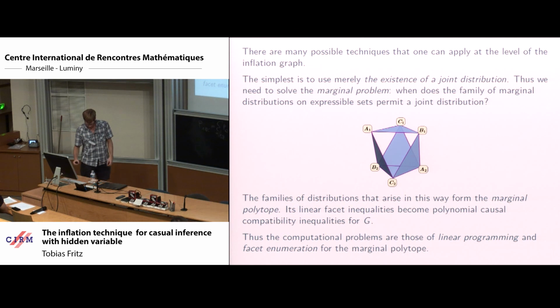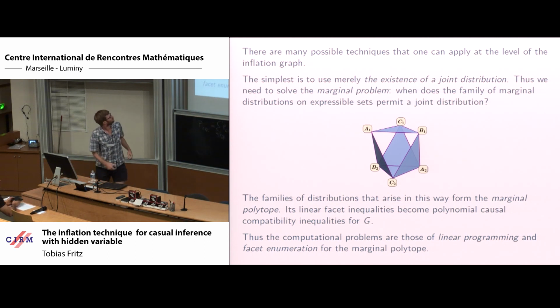And if you don't have a particular distribution to look at, but you want to know the inequalities, then you basically need to enumerate all the facets of the corresponding polytope that you get when you start with the probability simplex of all the joint distributions and project it onto the space of all these marginals.